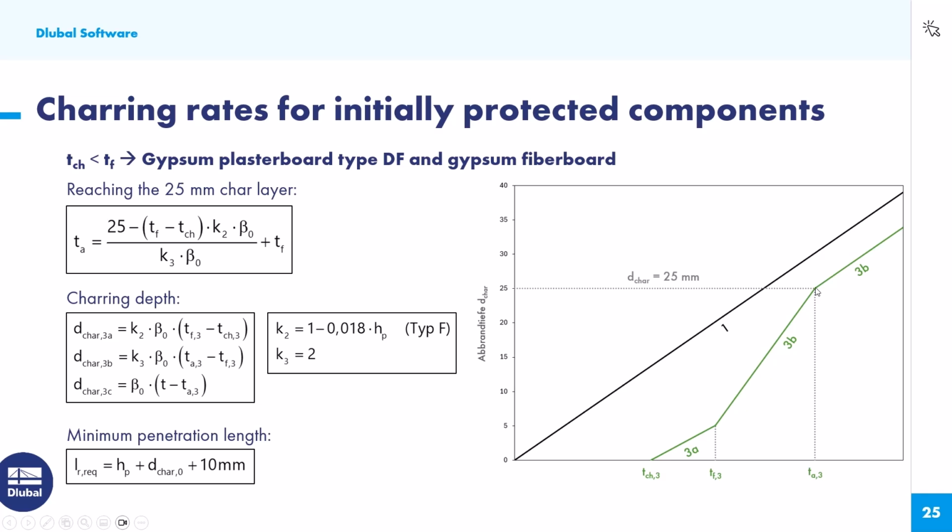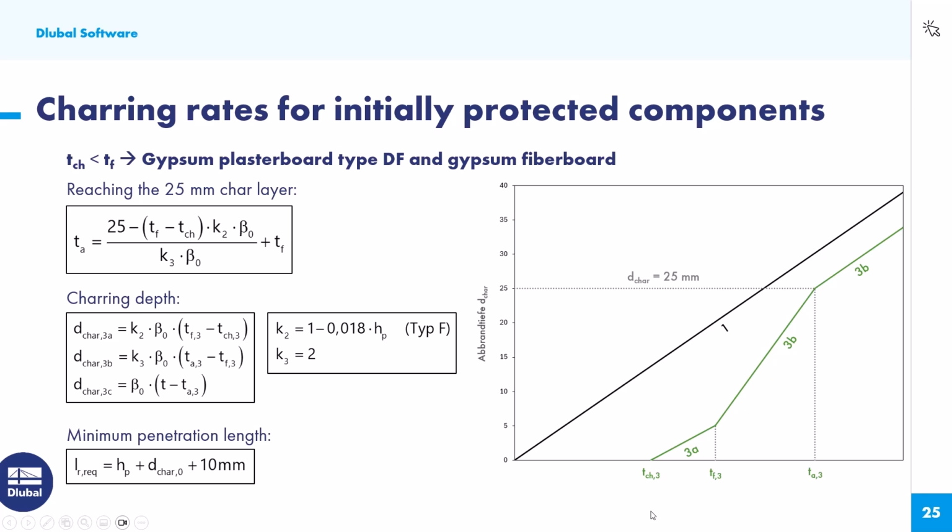And here at 25 millimeters, we start again with a normal charring rate from table 3.1. And here, additionally, we have to add the charring depth at this time when the protection will fail.